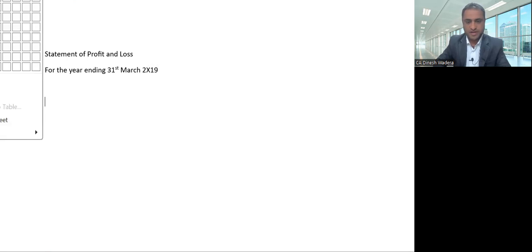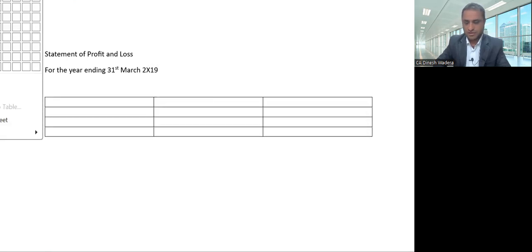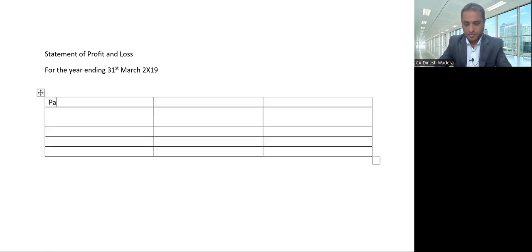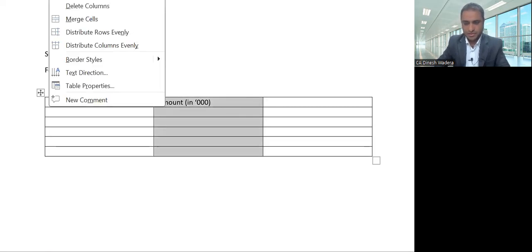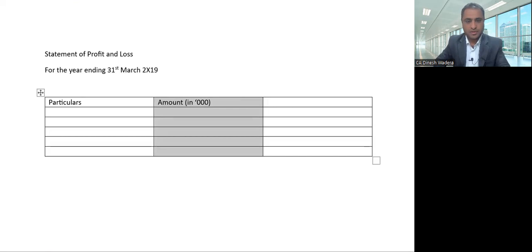So you'll have to make a table which will have the column for particulars. Amount, of course, we will keep it in 1,000. So you must have two columns, the inner one and the outer one for the amount.